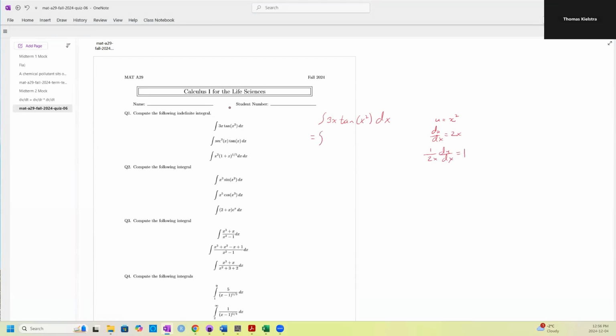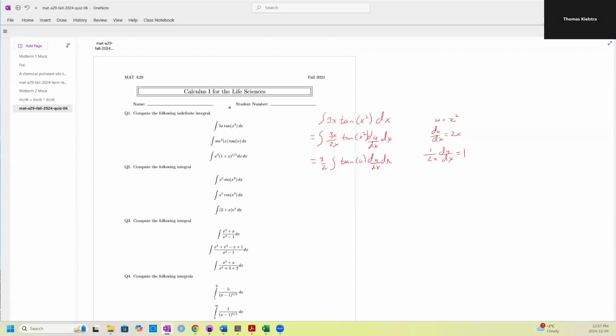introduce. So this equals 3x over 2x tan x squared du by dx, which equals 3 over 2 integral tan u du by dx.